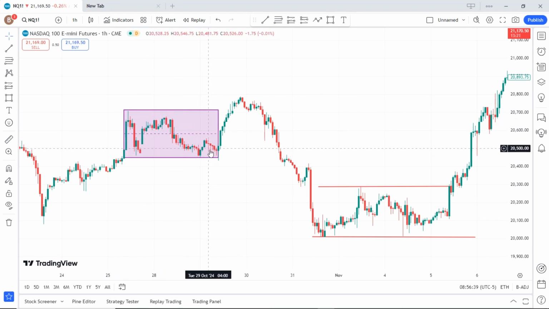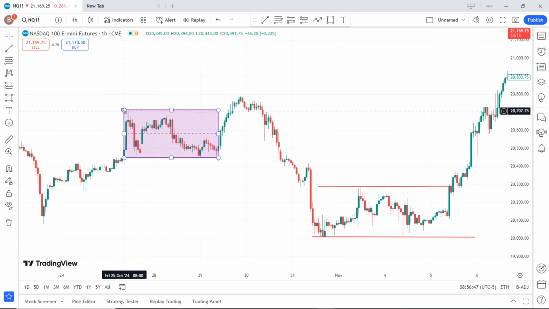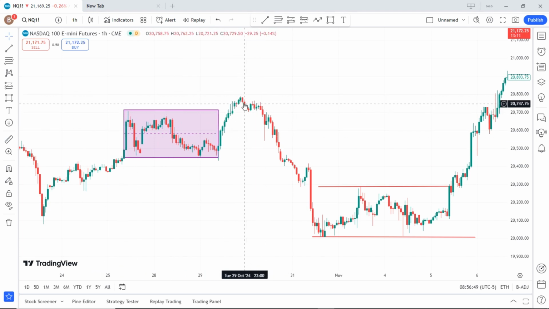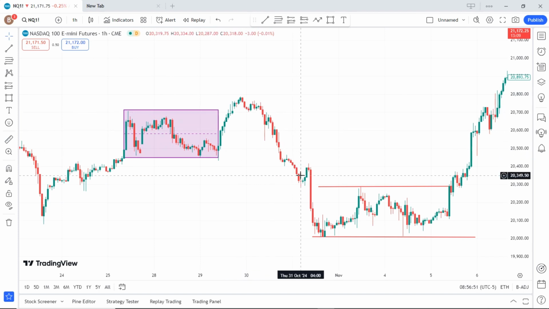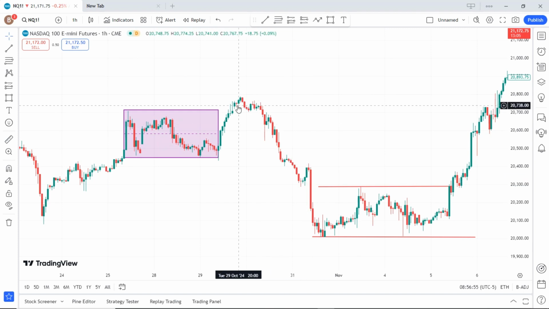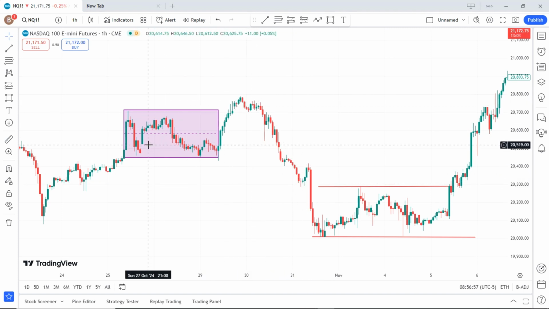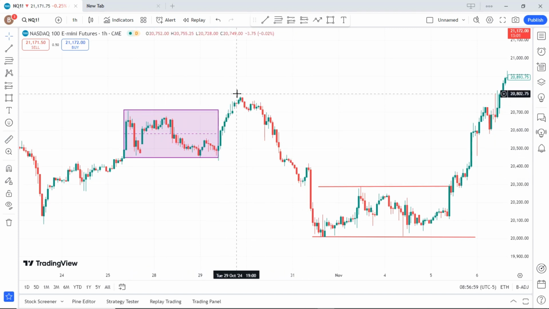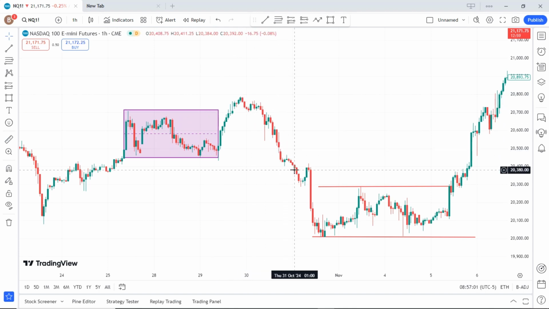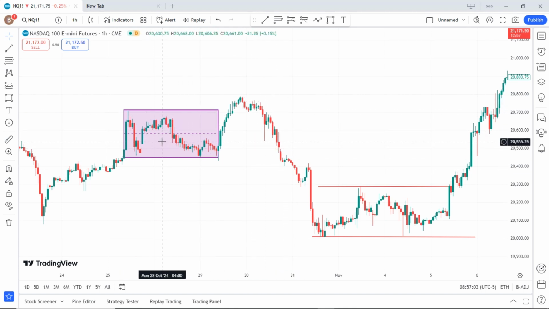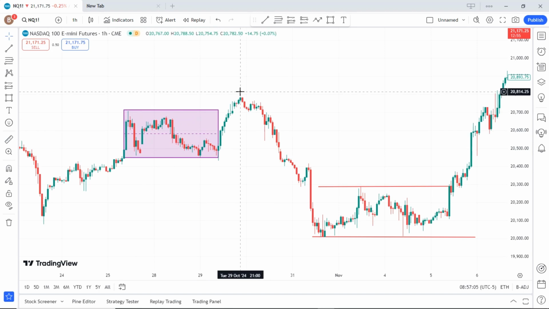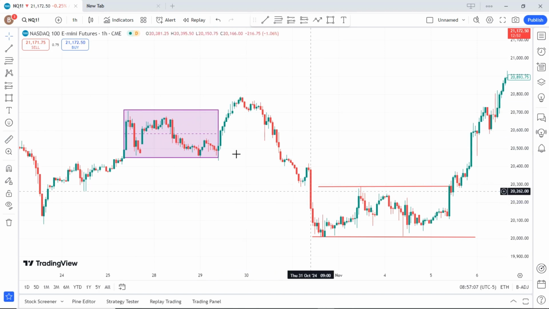We were given these levels, form sell side liquidity, form buy side. Now they expanded outwards to take out the buy side, and then after taking out the buy side, they fell and reversed. They fell and reversed to take out this whole expansion move. This is a classical example of a consolidation, then an expansion outward, then a reversal.